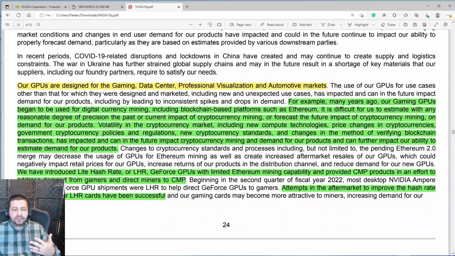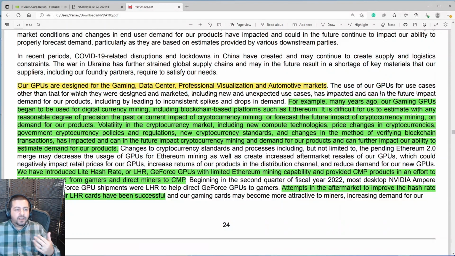However, in recent years, NVIDIA's GPUs have been used for digital currency mining, including blockchain-based platforms such as Ethereum and Bitcoin and other cryptocurrencies. So a lot of the demand for its GPUs was because they could be used to mine cryptocurrencies. So people were buying them in anticipation of mining cryptocurrencies to make money off of that process.